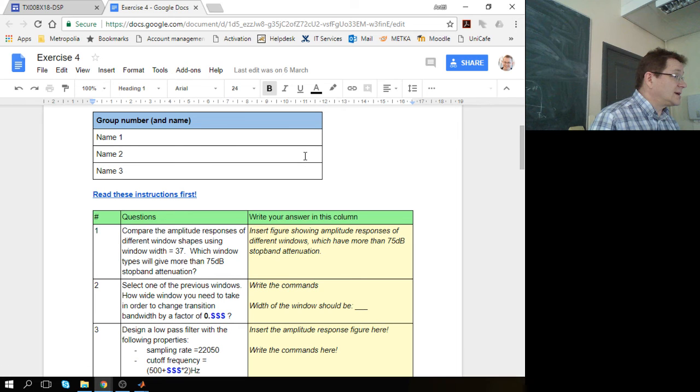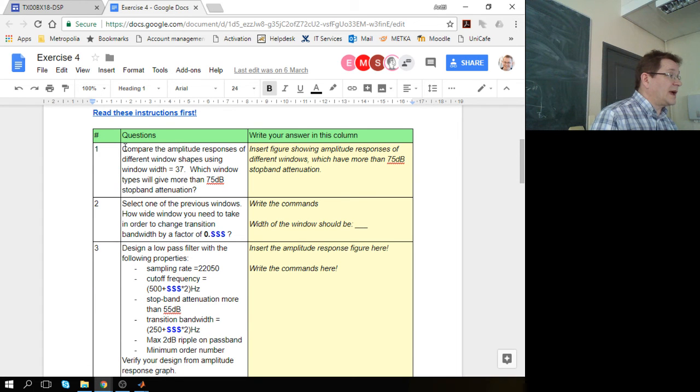Okay, compare the amplitude responses of different window shapes. Now you are basically comparing Hamming, for example, with Blackman and Hann filters. There were 3 other window shapes on that help file of the Hamming. Select one of the previous windows, how wide a window you need to take in order to change transition band by factor of. Okay.